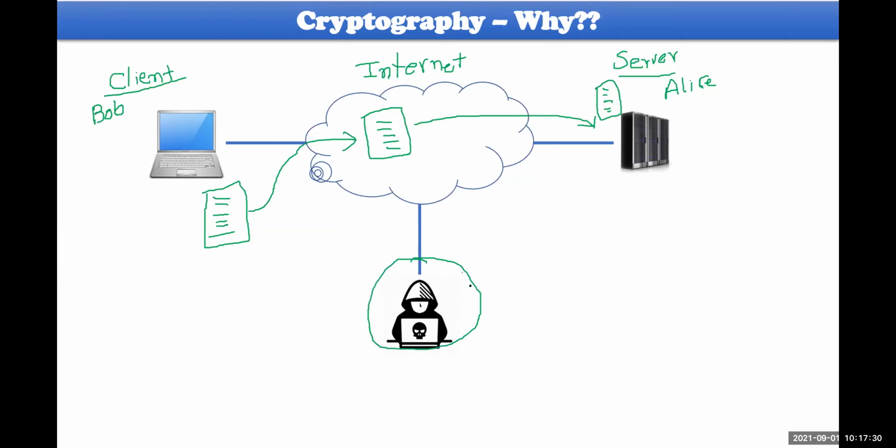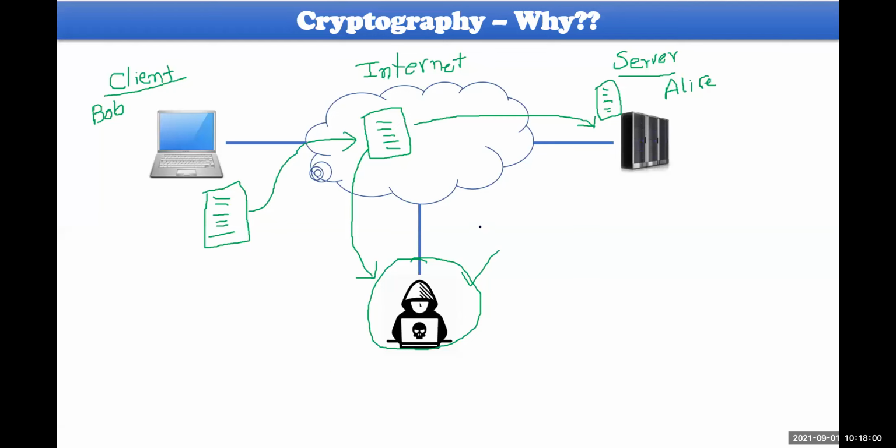Because of this particular person, cryptography comes into the picture. A third party enters the internet while Bob and Alice are trying to communicate with each other. Whatever data Bob sent onto the internet has been taken by him.